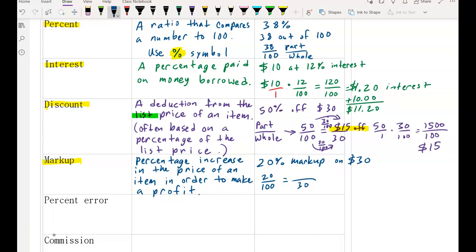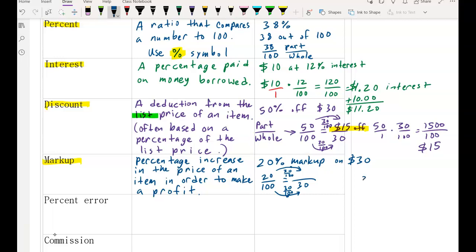So that's the whole amount, right? And so then we go, what do I multiply 100 by to get to 30? Well, I would multiply by 30 over 100. And I would also multiply up here by that same amount, 30 over 100.